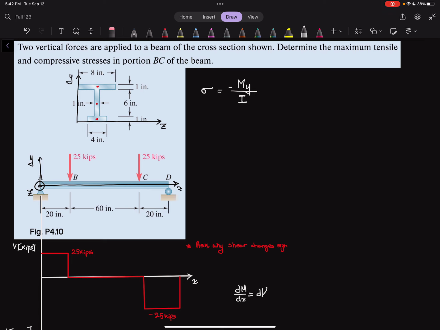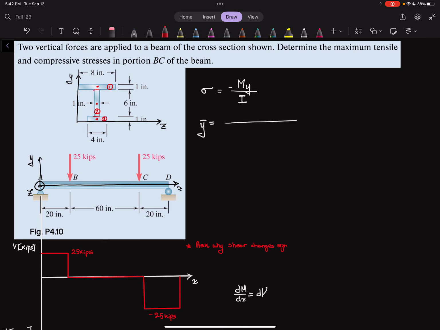But now to find the actual y of the total centroid, we're going to take the area of each. So let's name this 1, 2, and 3, and these are going to be cut right here.